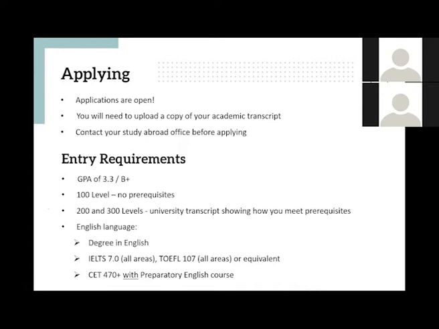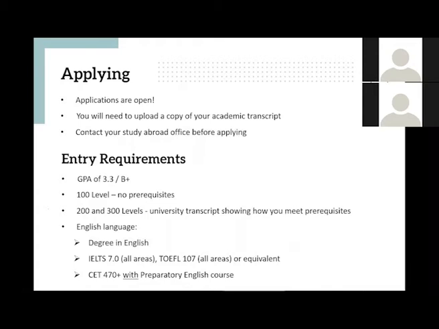So to give you an idea of what I mean there, if you're applying for an economics course and in your home degree you've taken courses in economics, but also courses in, I don't know, languages or the sciences, the likelihood is the assessor is going to be most interested in the courses that are relevant to your summer school course. So if you perform well in those, that's probably going to give you a good chance of getting in.